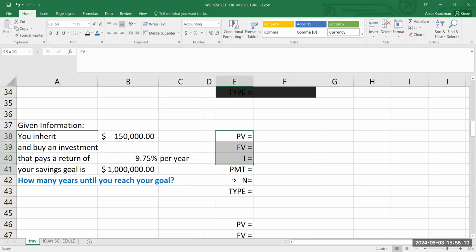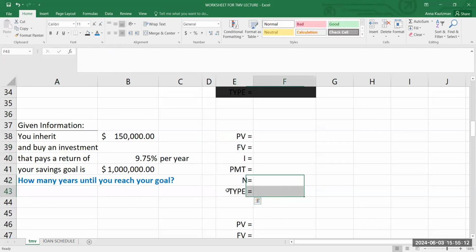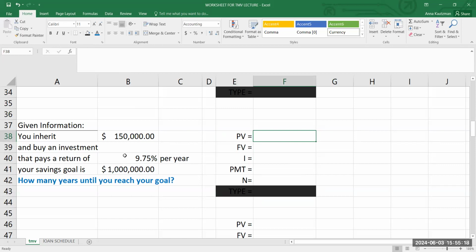Again, same setup of variables. We're not going to worry about type. The present value. What is the starting value? In this case, it's the $150,000 you've inherited. We're going to make that a negative because you're going to take the $150,000 and purchase the investment.